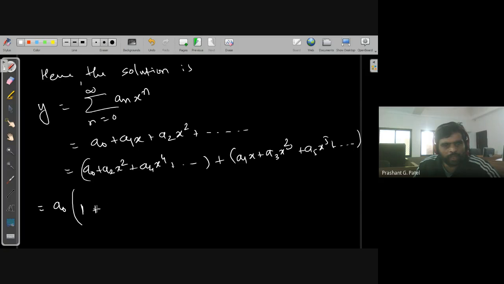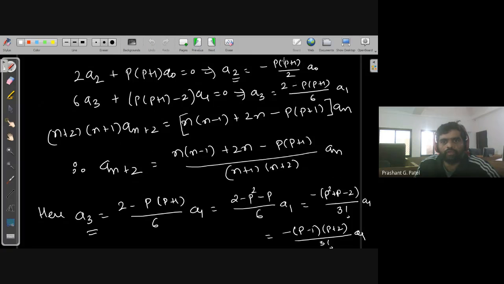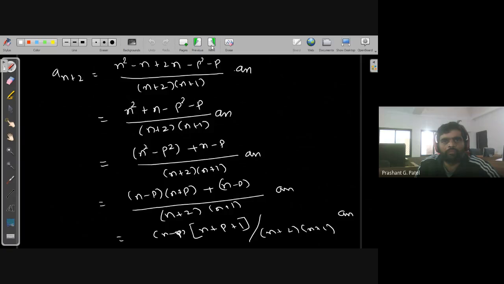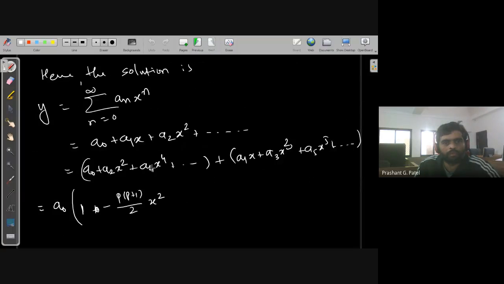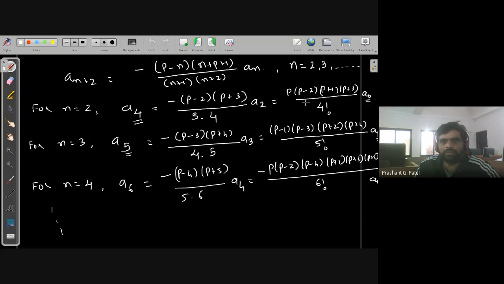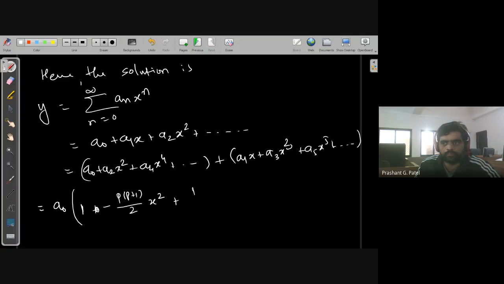The value of a2 is minus of p into (p plus 1) by 2 into x square. That is the value of a2 we will have. The value of a4 we can have from this, which has a positive sign: p into (p minus 2)(p plus 1)(p plus 3) upon 4 factorial, x raised to 4.